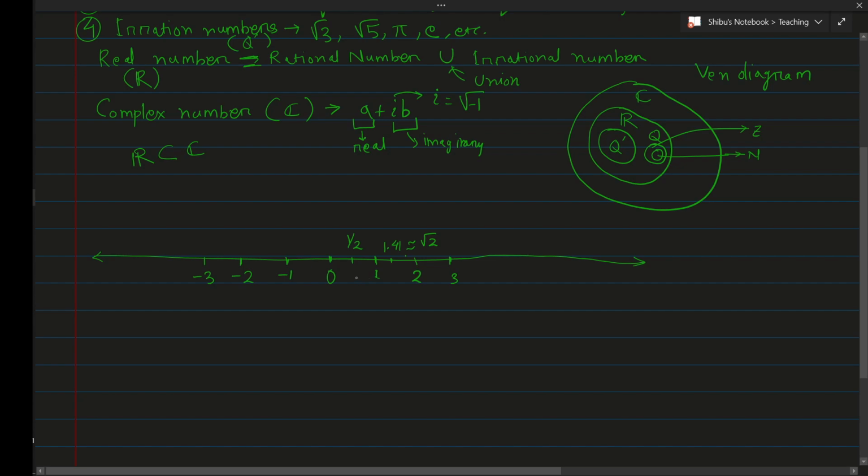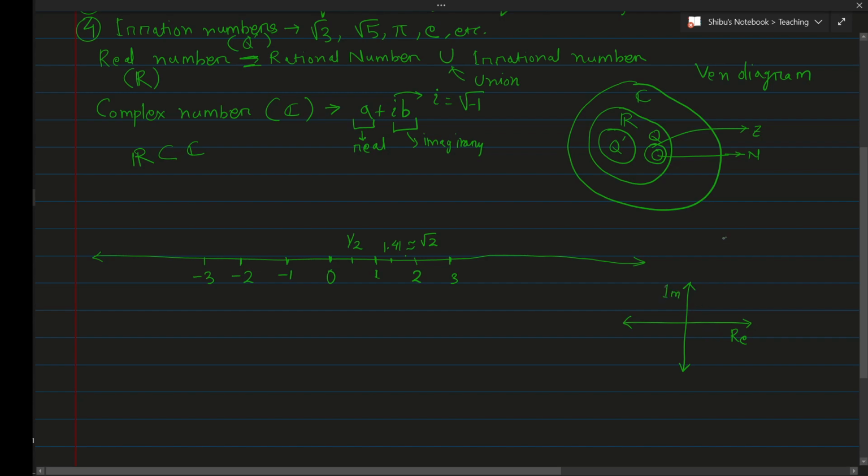But to represent a complex number in a coordinate system, we have to use a plane. I will not discuss this in detail now; it will be discussed in detail in later videos. We can represent the complex number in a plane, where the x-axis is for the real part and the y-axis is for the imaginary part.